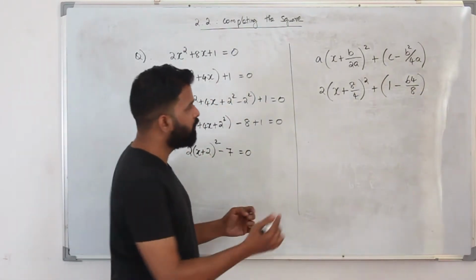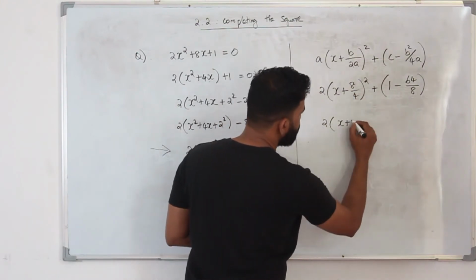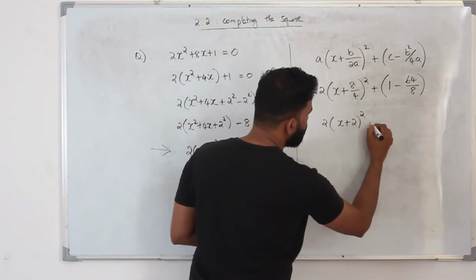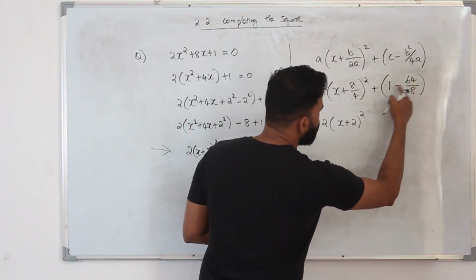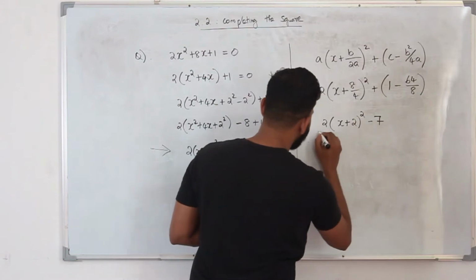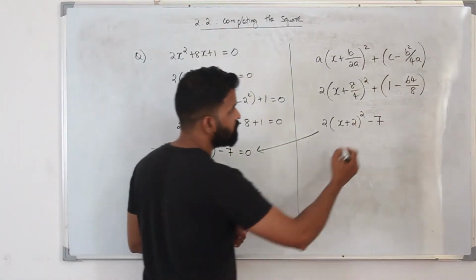Now when you simplify this, 2 times x plus 8 upon 4 is 2. 1 minus 8, 64 by 8 is 8. 1 minus 8 is minus 7, which is the same as this.